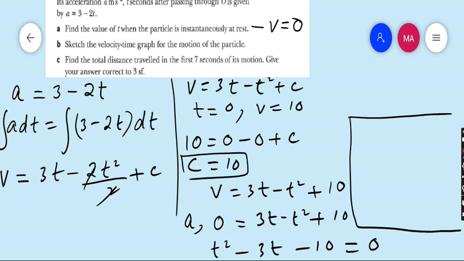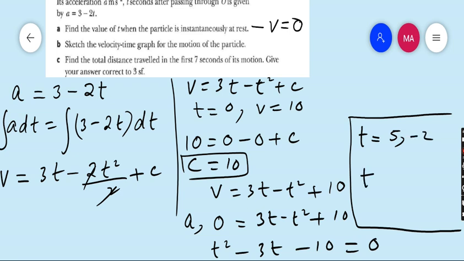This is a quadratic equation, and you students are very expert at solving quadratic equations. I am solving directly in my calculator. One value is 5 and the other value is minus 2.